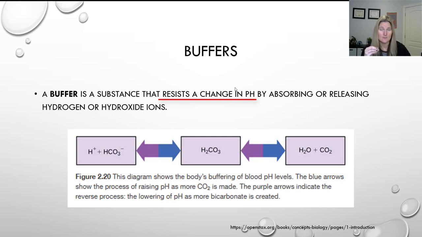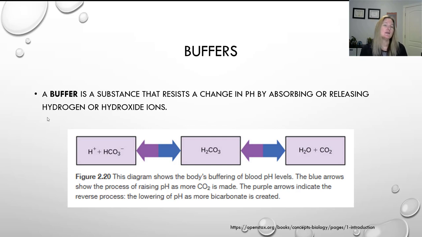If you add more hydrogen ions into the solution, you're adding an acid, and the buffer will absorb those. Even though you're adding acid, the pH is staying the same because the buffer is absorbing the excess hydrogen that gets added. So a buffer is a substance that resists the change in pH by absorbing or releasing hydrogen or hydroxyl ions.